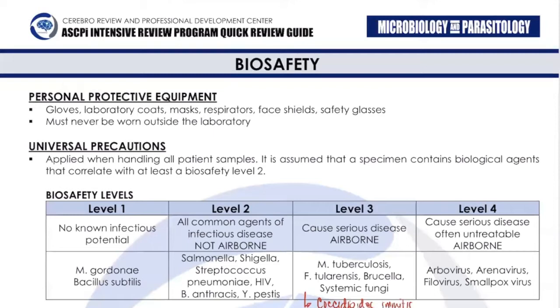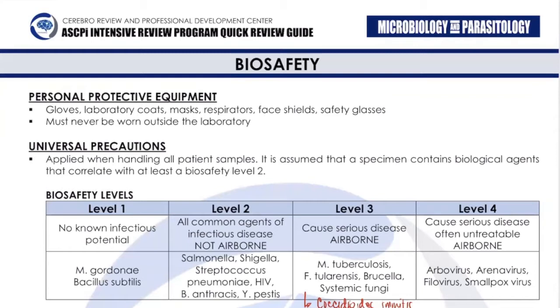Okay, so sila yung mga fungi na kailangan natin talagang i-handle ng maayos kasi pag na-inhale natin yung kanilang mga spores, we will be infected. Okay? So Coccidioides immitis and Histoplasma capsulatum. Actually, there is an old recall question na parang tinanong lang on what is the mode of transmission of Histoplasma capsulatum, and that is inhalation.